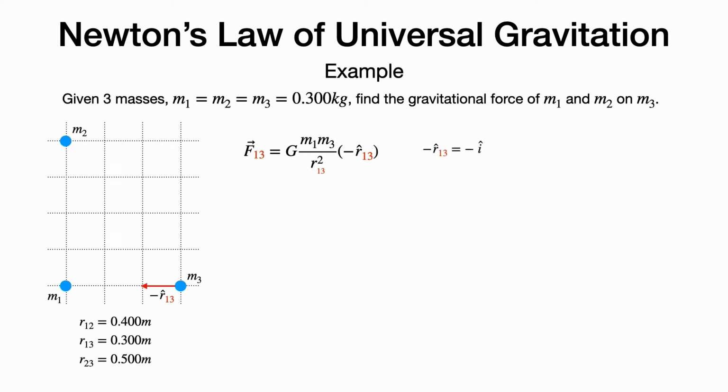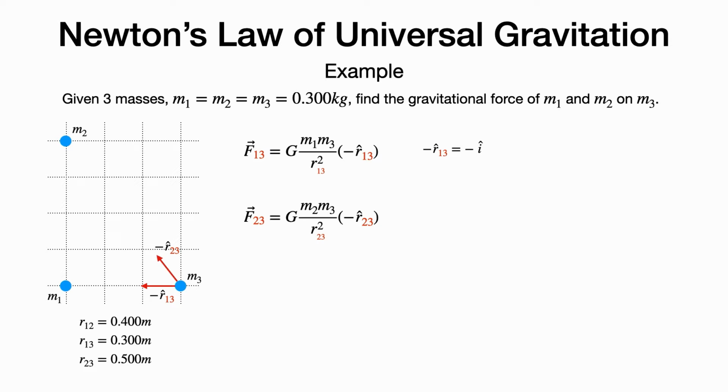And in terms of our i hat, j hat, and k hat, in this case, we can write it as minus i hat. The second force is between mass 2 and mass 3. It has a similar formula, but it now involves the distance between mass 2 and mass 3. And the vector of relevance is minus r hat 23, which points radially from m3 towards m2.